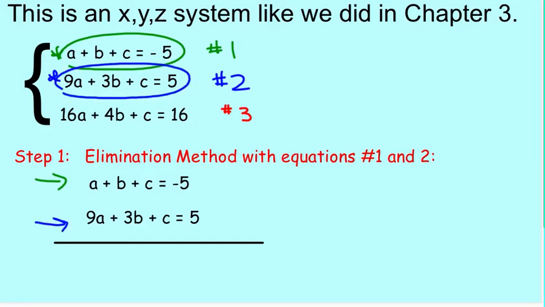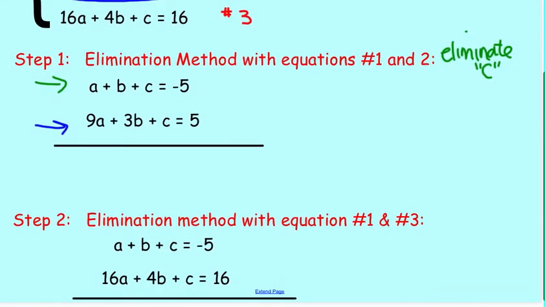The most likely choice is eliminating variable c, because right now you don't have any multipliers in front of the c. So I want to eliminate c. If I were to add these two equations together right now, the c's would not cancel.